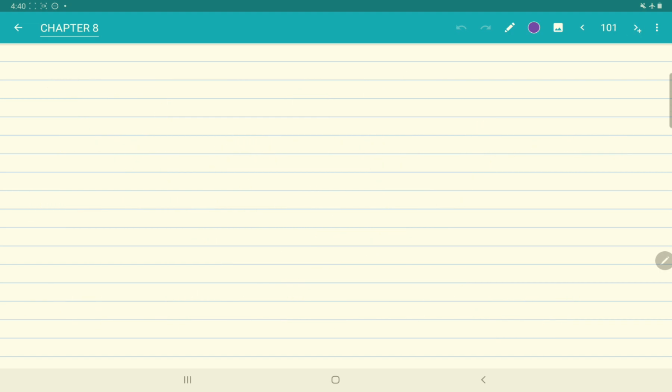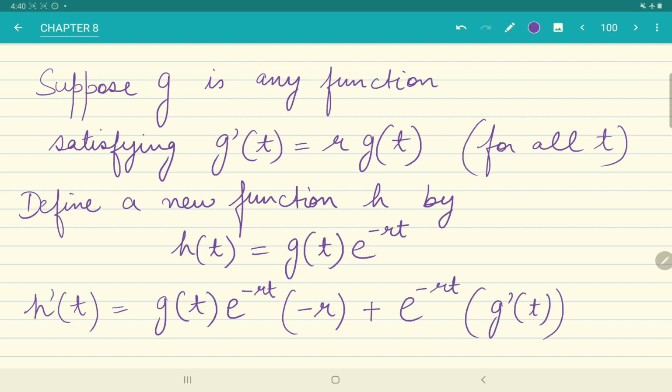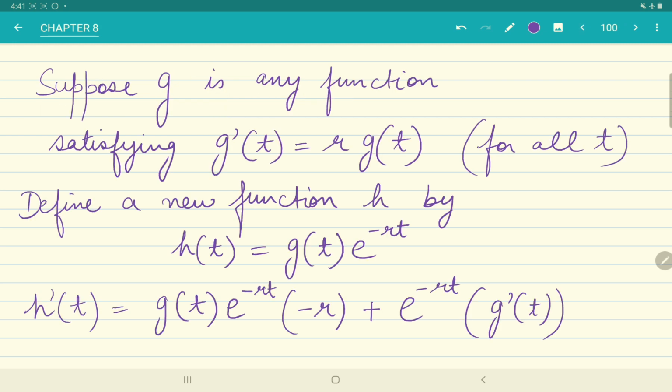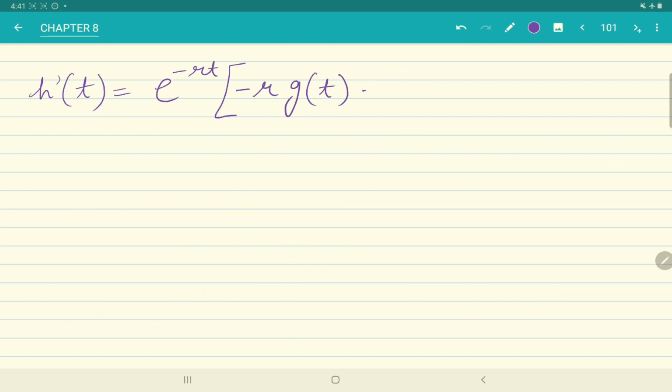I can take e raised to the power minus rt out, and I will have minus r g of t plus g prime t.